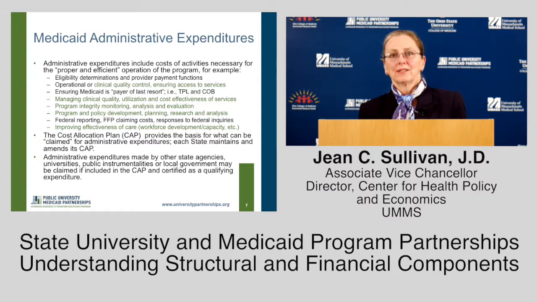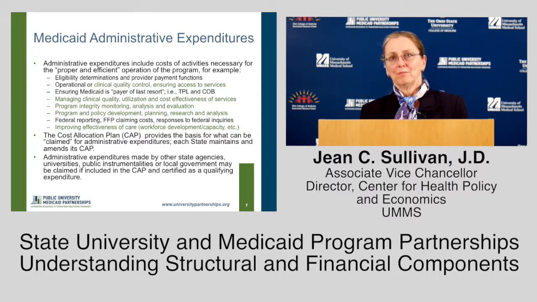The next areas are more ripe for university participation: managing clinical quality, utilization of services, and determining the cost effectiveness of services, or determining the effectiveness of services in affecting better health outcomes.